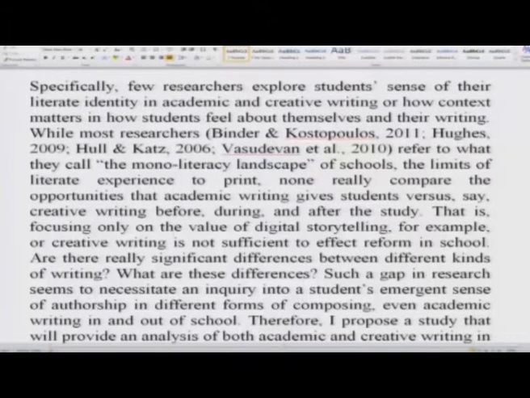None really compare the opportunities that academic writing gives students versus say creative writing before, during and after the study. So, here the writer is bringing another point, comparing academic writing versus creative writing.